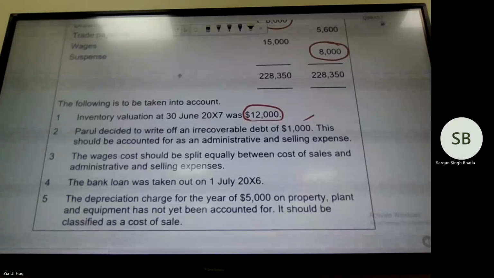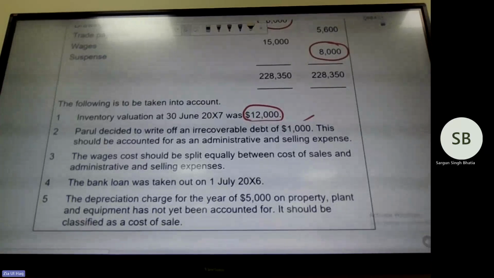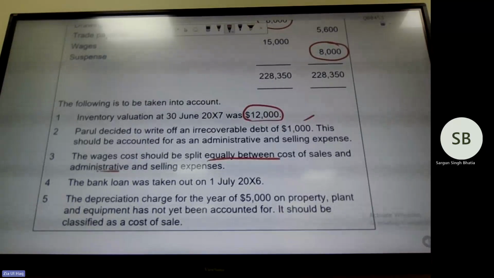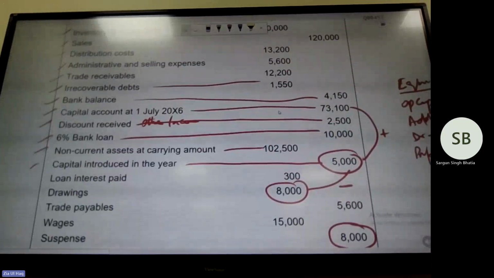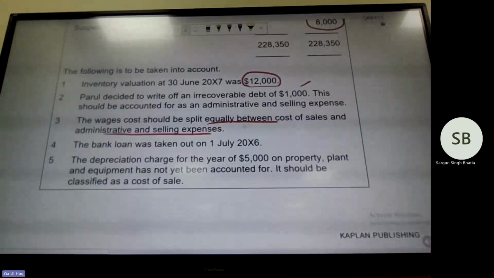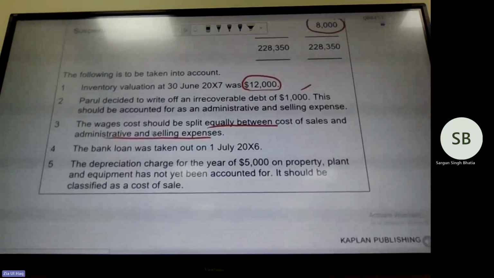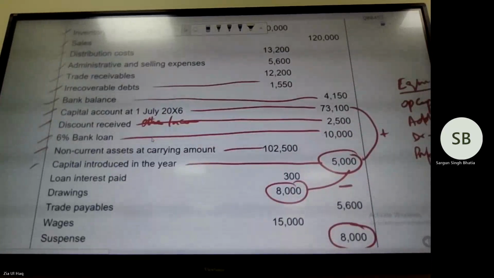Yes, sir. The wages cost should be split equally between cost of sale and admin and selling expenses. Half of the wages cost, this 15,000, half will be 7,500, should be recorded as a direct expense in cost of sale. And the other half, 7,500, will be recorded as admin and selling expense.